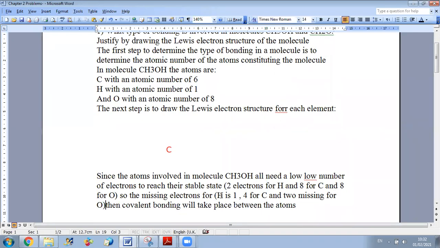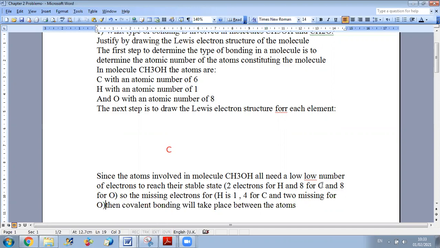Because the stable set for H, why is it just 2? Since H has only 1 orbit, okay? So since the stable set for the first orbit is 2 electrons and H has only 1, the missing electrons number for H will be 1, okay? While the stable set for C will be 8 because the number of orbits for C is 2, okay? And the second orbit, to be in the stable state, should reach 8.